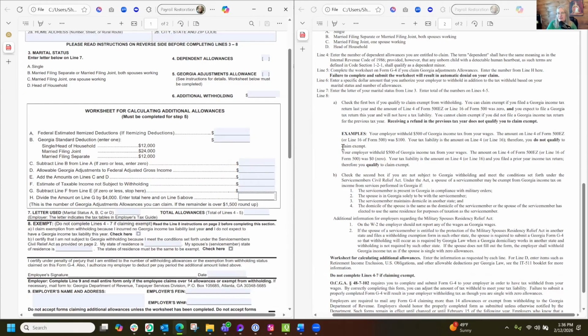Line 6, you're going to enter a specific dollar amount that you authorize your employer to withhold in addition to the tax withholding based on your marital status, dependents, and number of allowances.